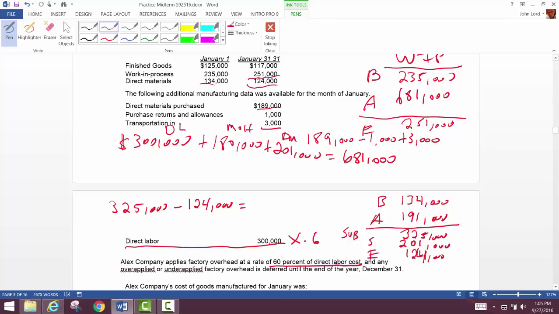Okay. So I have to get my subtotal in here. Subtotal right there is what? 235 plus the adds is how much? 916. Okay, then how did I get from 916,000 to 251,000?